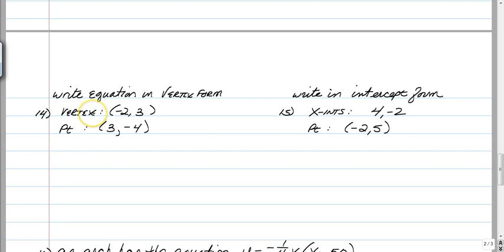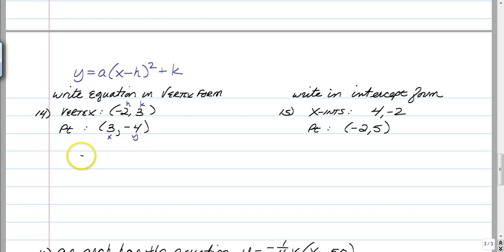So your vertex and the point are given. You must know your formulas for tomorrow. Again, I am not giving you any formulas. So this is y is equal to a times x minus h squared plus k. So we're going to have to substitute in our h, our k, our x, and y.